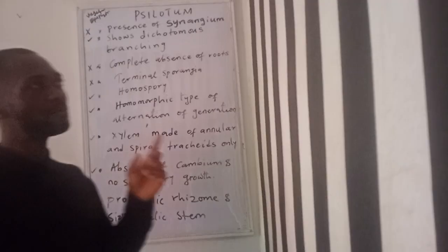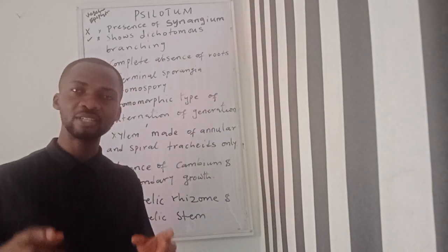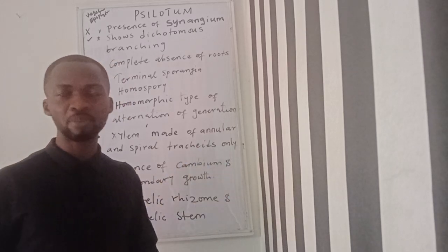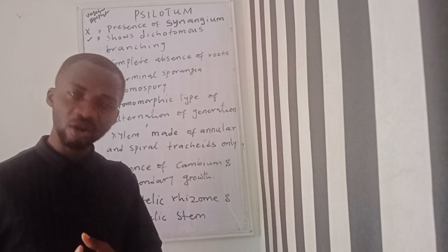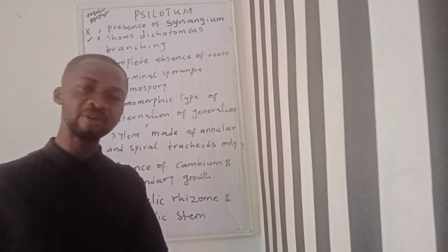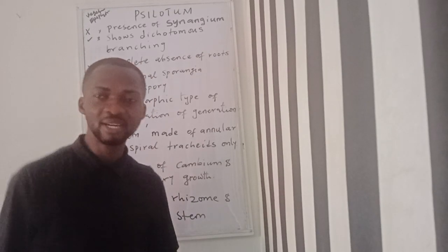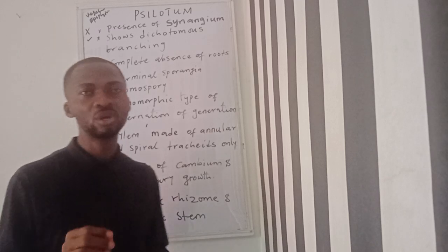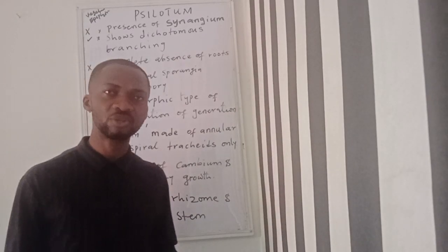Then some members of this group grow as epiphytes. That means they grow with the help of support from other plants, and some grow as terrestrial organisms. Somebody will say epiphytes and terrestrial organisms are not exactly the same. When you say an epiphyte, that means the root or the rhizoid of that plant does not get into the soil.